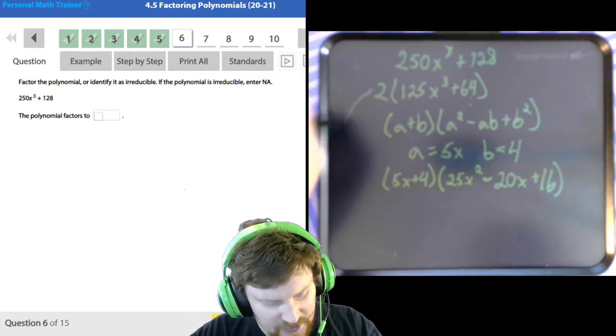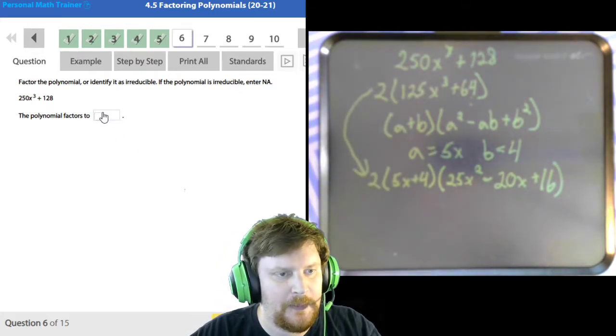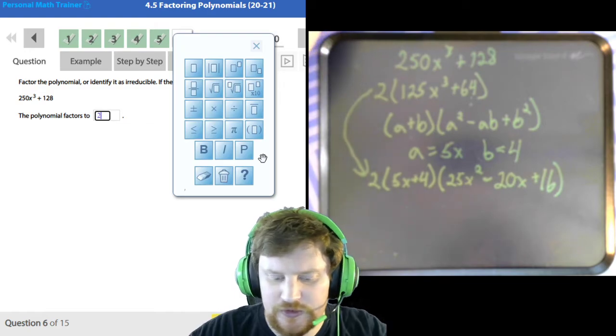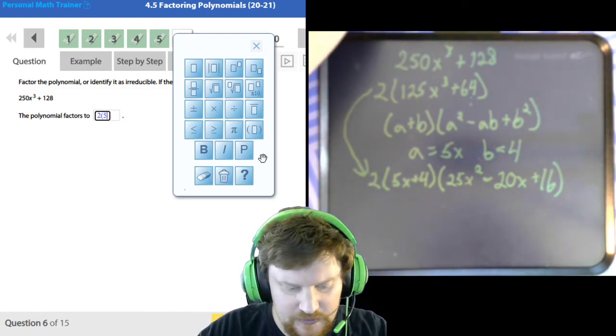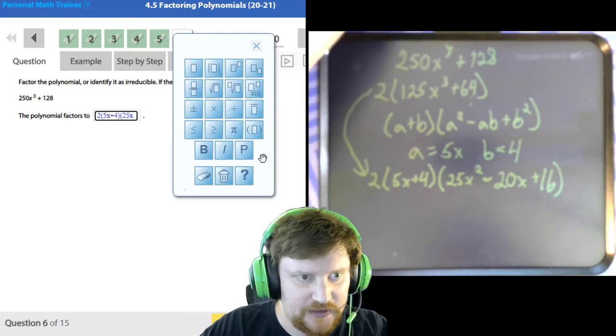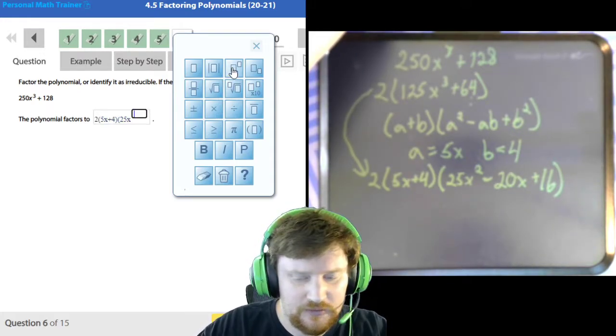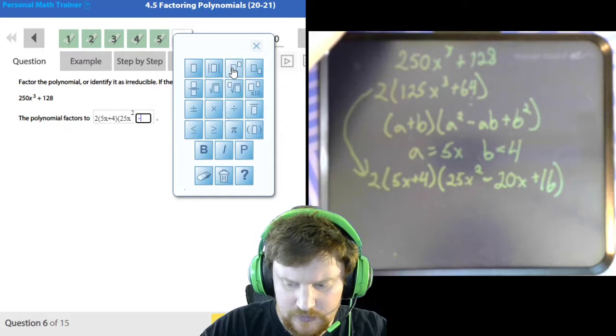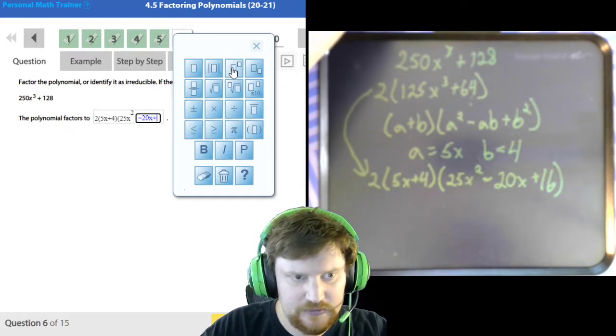And don't forget we factored this 2 out, so we need to bring the 2 down to go with it. So 2 times 5x plus 4, 25x squared minus 20x plus 16.